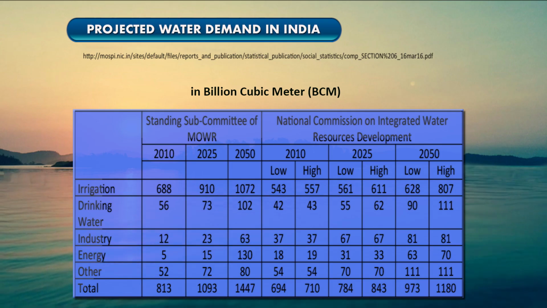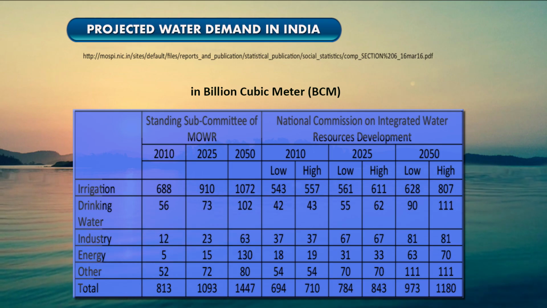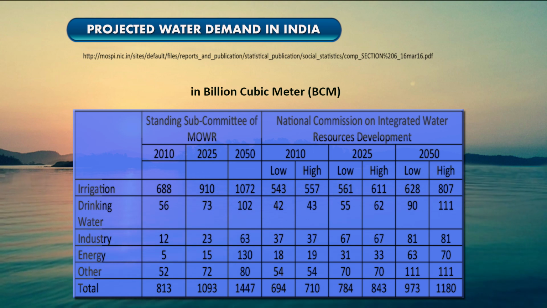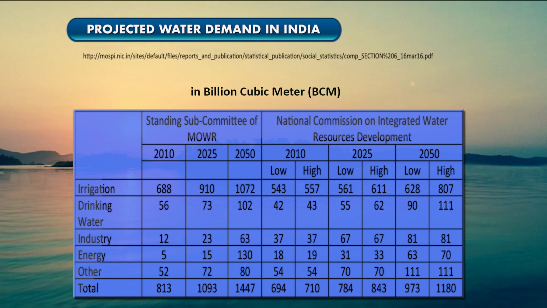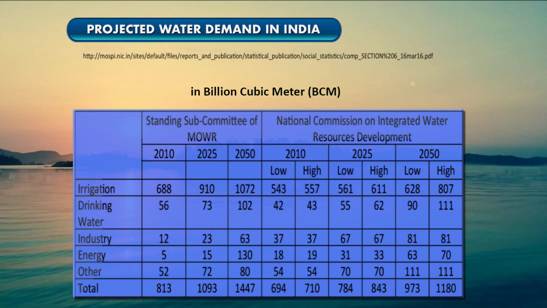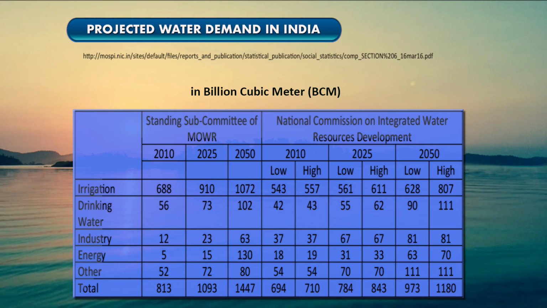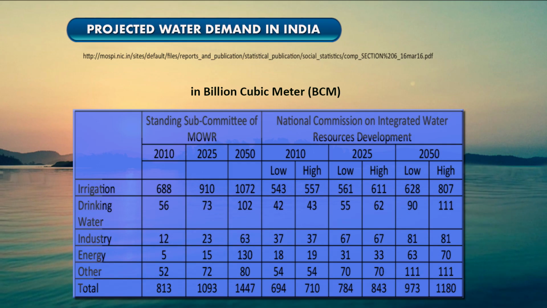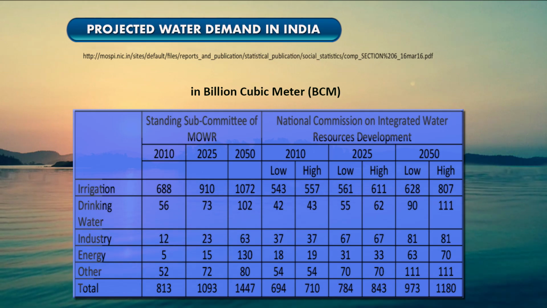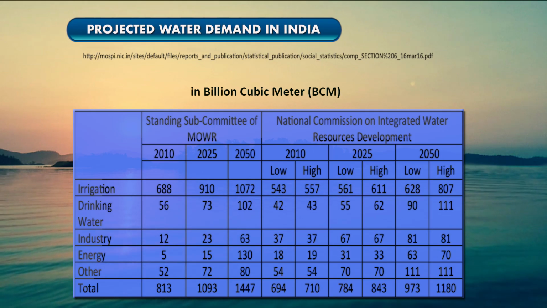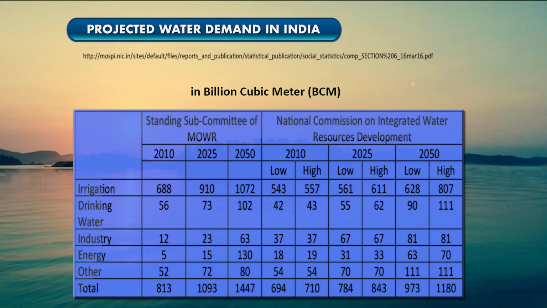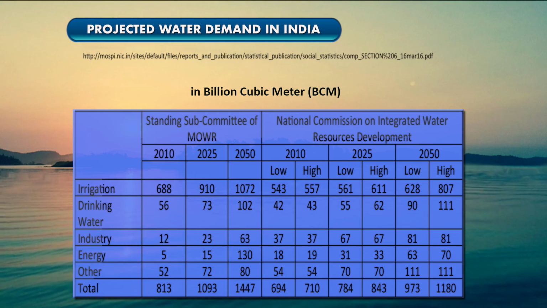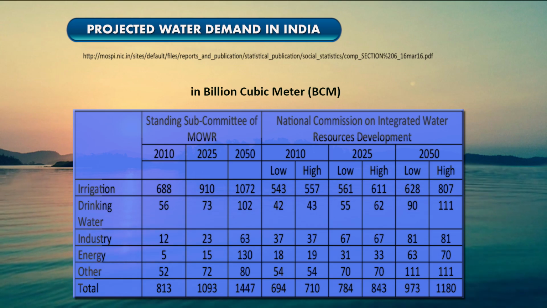So here you can see that over a period of time the projected demand for water is increasing. If you see the figures given by the Standing Committee of the Ministry of Water Resources, the projected demand for water for irrigation in the year 2025 is 910 billion cubic meters, which increases to 1072 billion cubic meters in 2050.